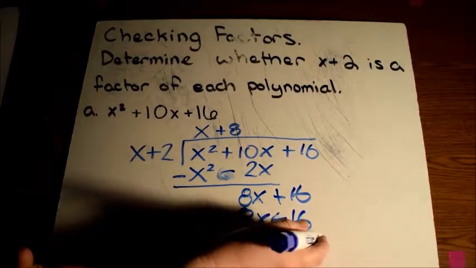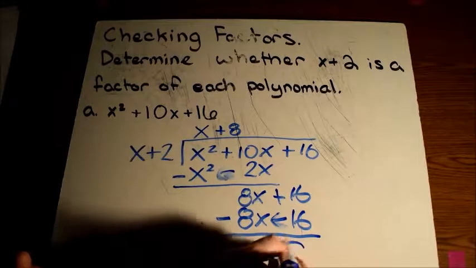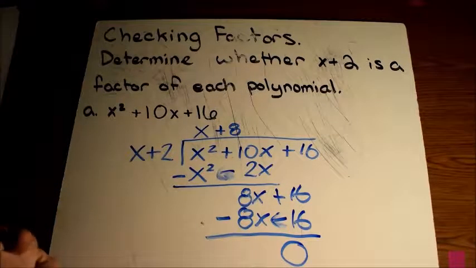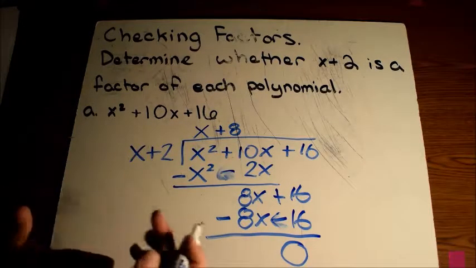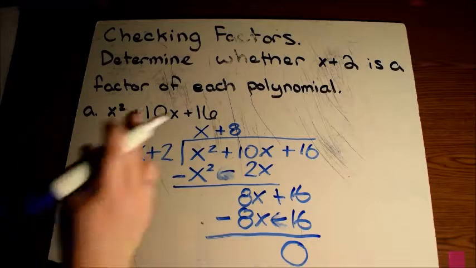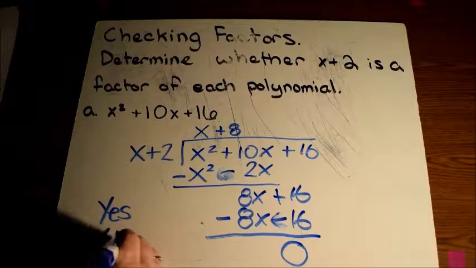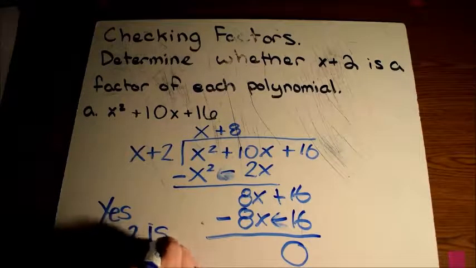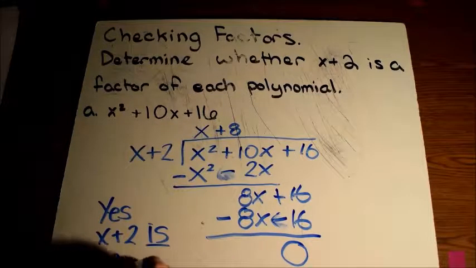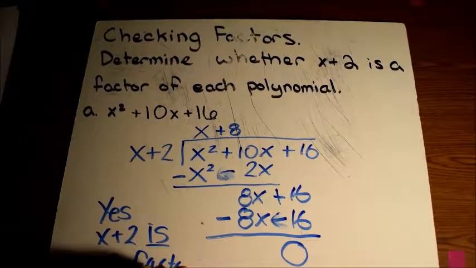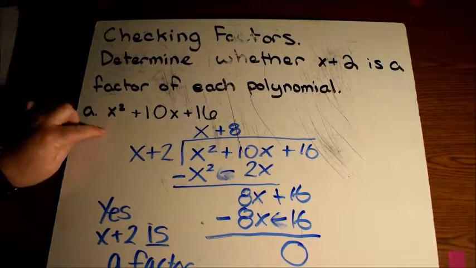And when we add them together, 8x minus x is 0. 16 minus 16, well, lo and behold, look at that. The remainder is 0. So when the remainder is 0, that means that, yes, x plus 2 is a factor of this polynomial.